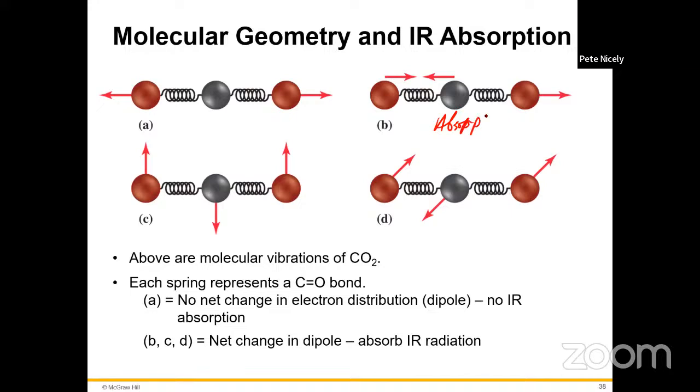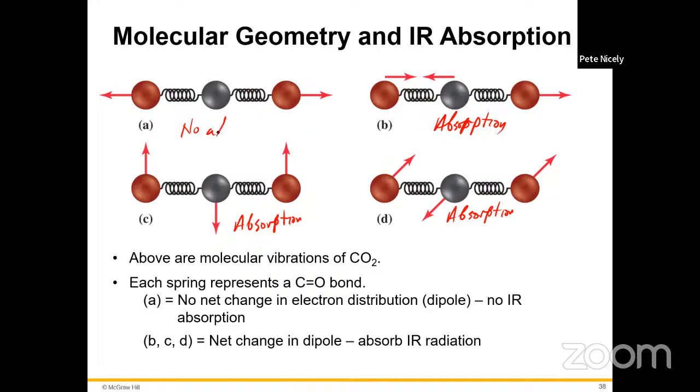Same is true for this one. Same is true for this one. But in the case of the first one, there'll be no absorption because the vibrational mode or action is uniform and symmetrical.